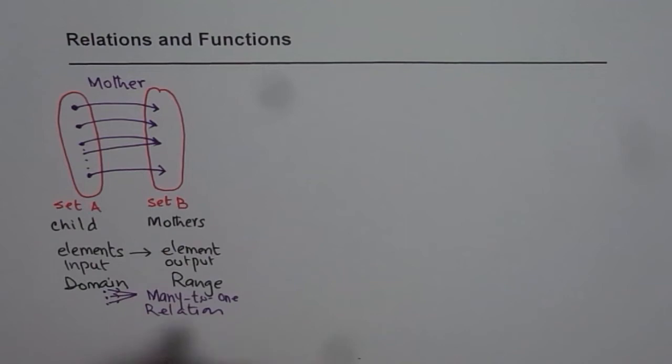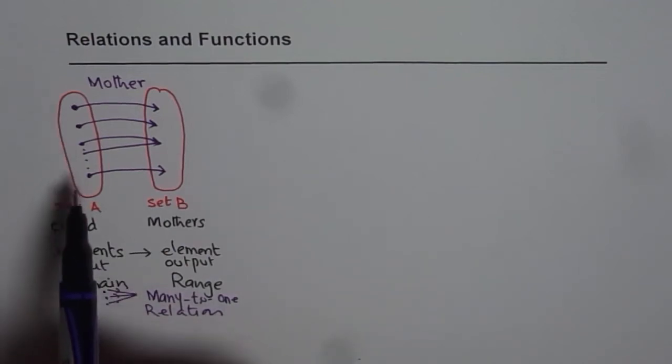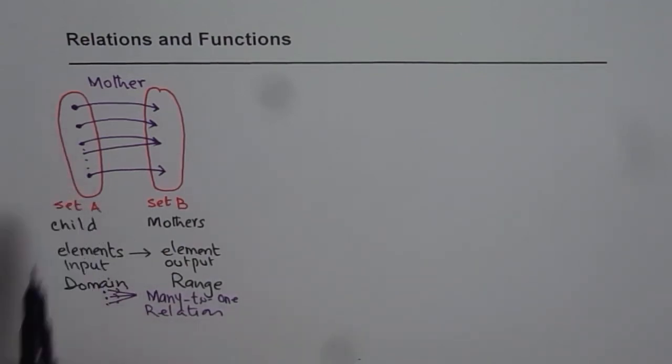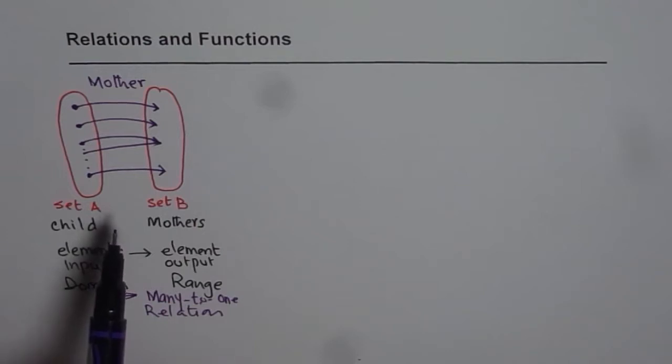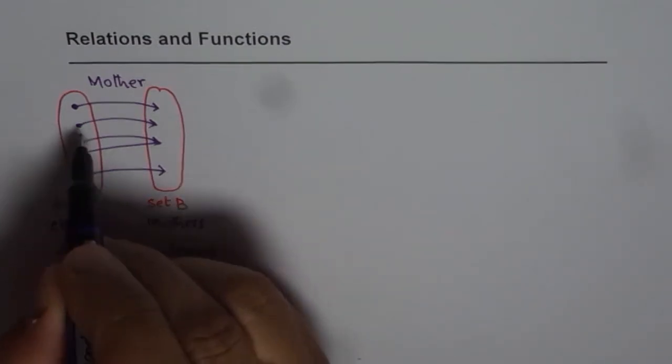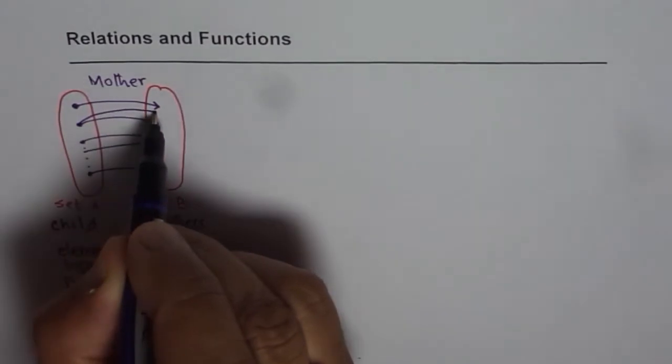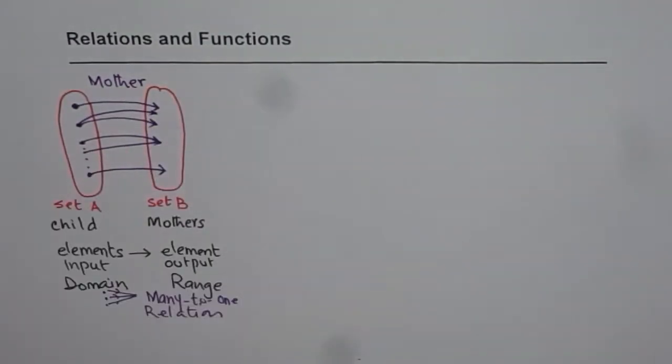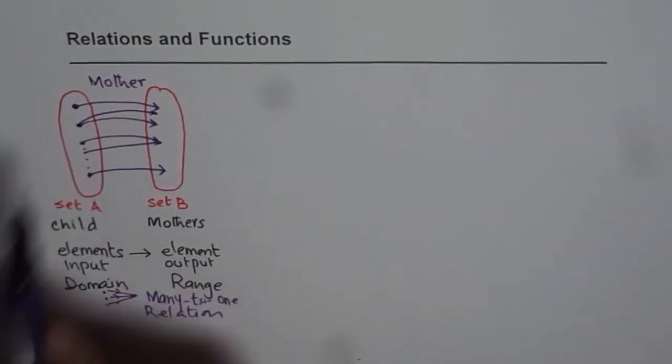Now it is a relation since each and every element in our set A is related with one or more elements in set B. Do you get the point? One or more. That means we could have one or more association and still it works. So mother has another child.